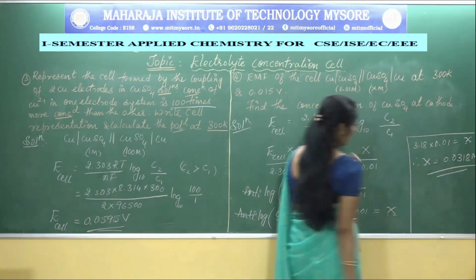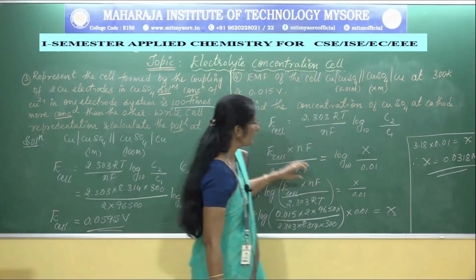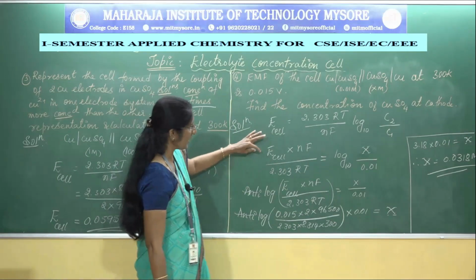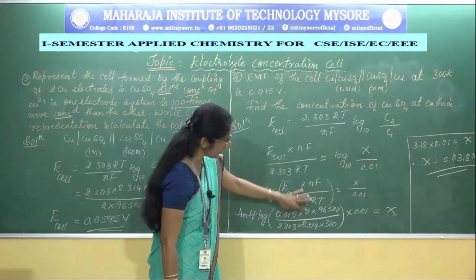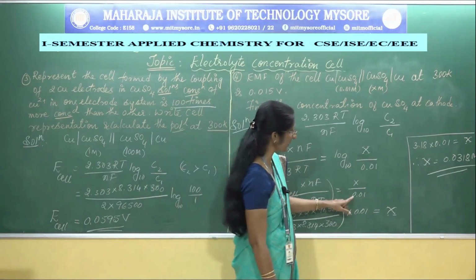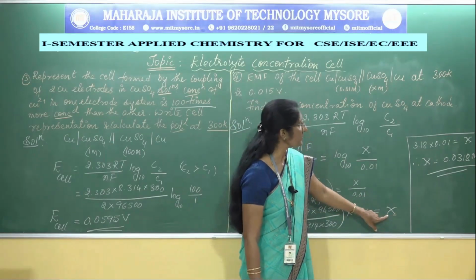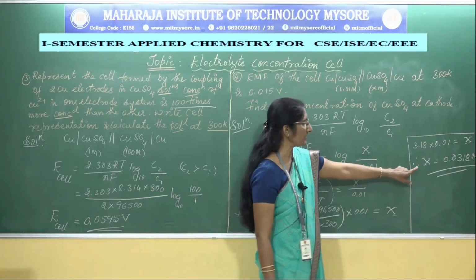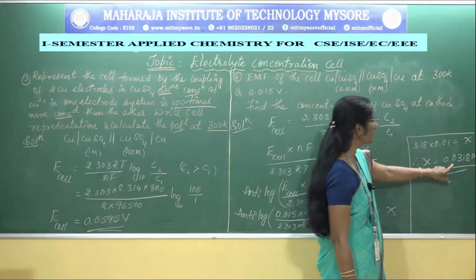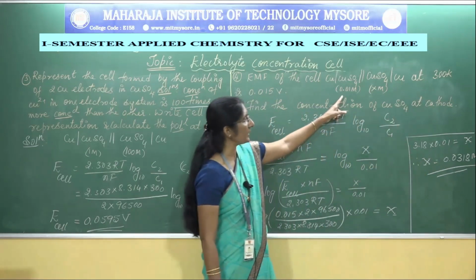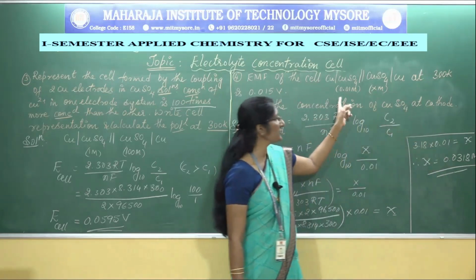This is the concentration of copper sulphate at cathode compartment. Is it clear? First we substitute the values, then find out the anti-log value, then multiply that with the concentration of the anode, then we get the concentration of the cathode compartment. Its value is 0.0318. Observe that always the cathode concentration should be greater than the anode concentration. So therefore 0.03 is greater than 0.01.